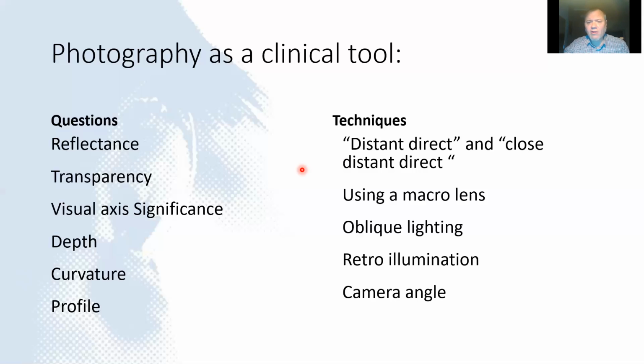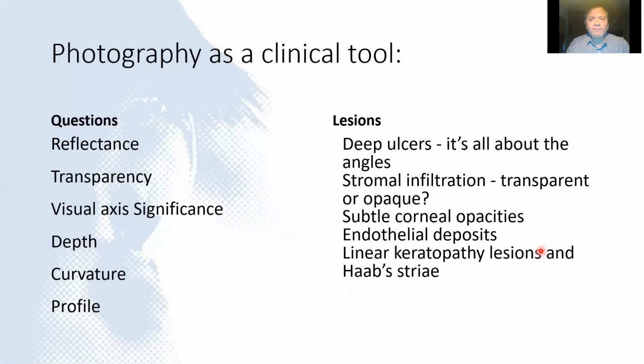We can add in a macro lens to look at small lesions and use lighting either obliquely or by retroillumination to highlight lesions, and to help to confirm their transparency and their reflectivity. And also by changing camera angle, we can make comments about the effect on the corneal curvature itself.